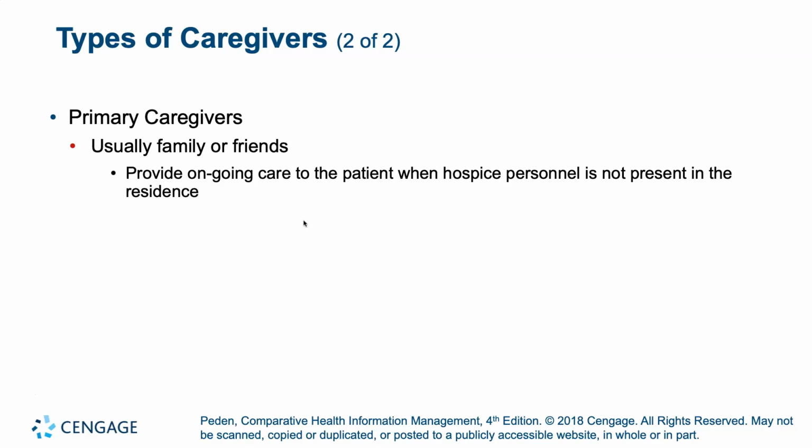So as the patient gets closer and closer to dying, again, hospice services and hospice visits and hospice personnel availability may ramp up. At the end, it may be that you do have a hospice person there when the patient passes.